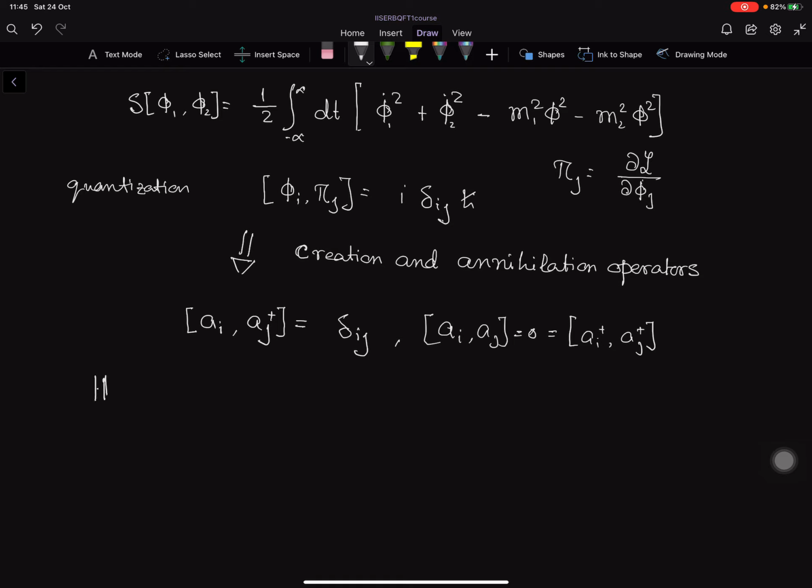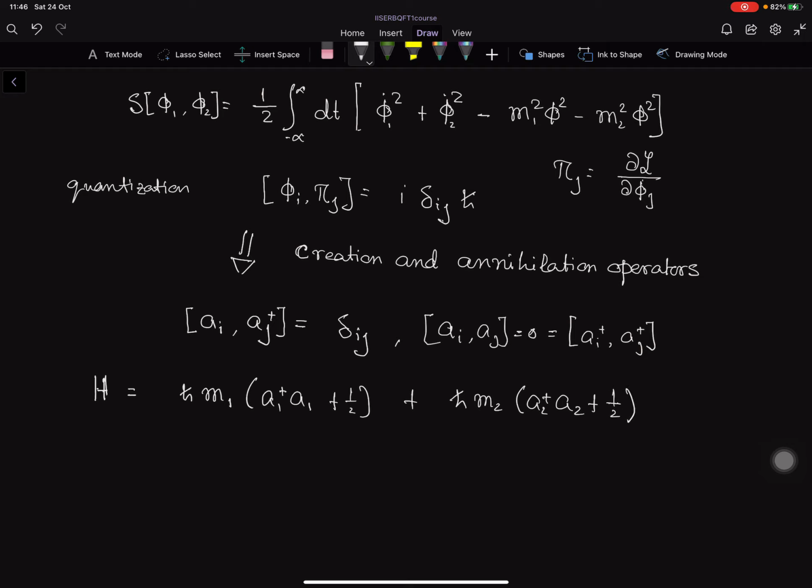So from this the Hamiltonian is h bar m1 (a1 dagger a1 plus half) plus h bar m2 (a2 dagger a2 plus half).